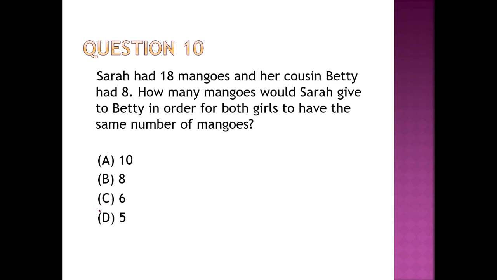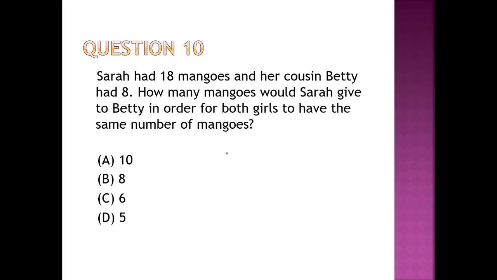Question 10. Sarah had 18 mangoes and her cousin Betty had 8. How many mangoes would Sarah give to Betty in order for both girls to have the same number of mangoes? Okay, so this is another mathematical question. How do we approach this? There are several different ways to get the answer to this question.